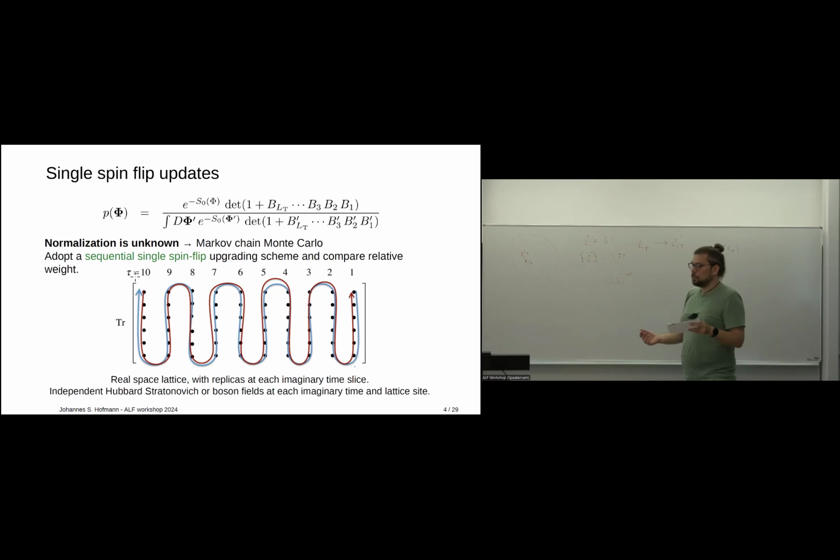So the challenge there is to find good updates, updates that have a high likelihood of getting accepted. Yes, so that's the main problem with global updates. So you really need a smart algorithm to find the right spins and the right values to update them to.